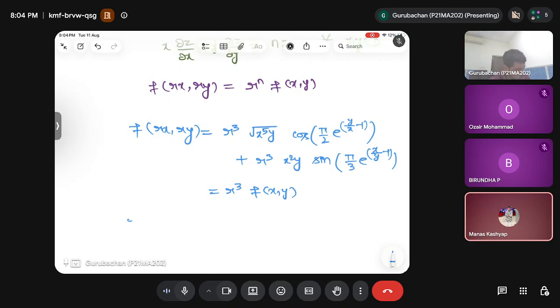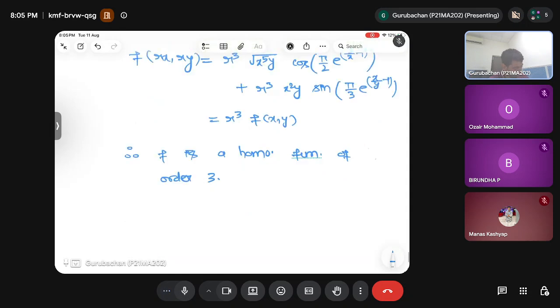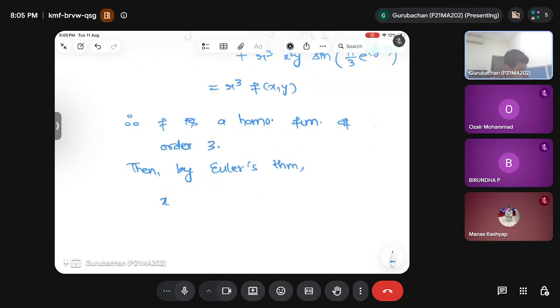Therefore f is a homogeneous function of order 3. Then by Euler's theorem, x times del z by del x plus y times del z by del y is nothing but 3 times z.